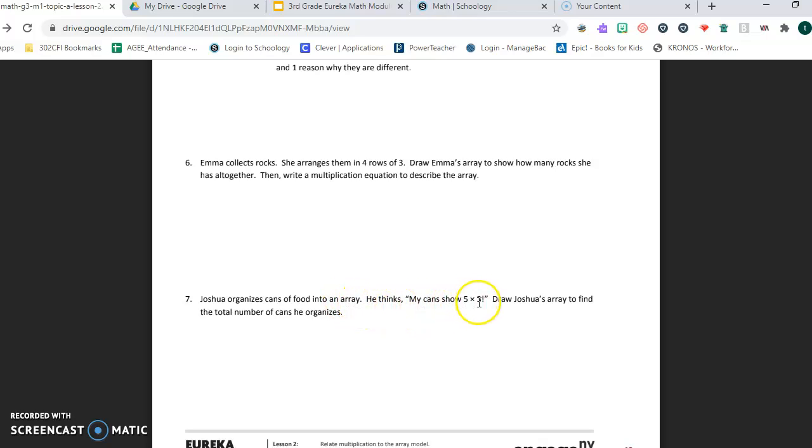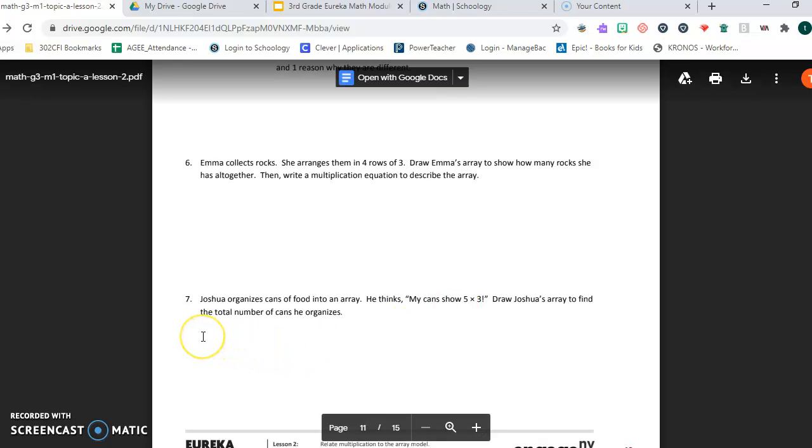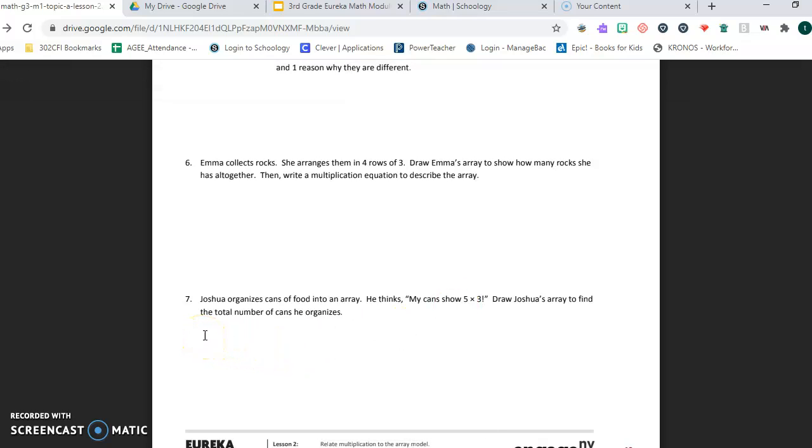So my cans show 5 times 3. Okay, so it tells you 5 groups of 3. And since we're really focused on rows, I think it would make sense to do 5 rows, 1, 2, 3, 4, or I'm sorry, 1, 2, 3, 4, 5 of 3 items. 1, 2, 3.